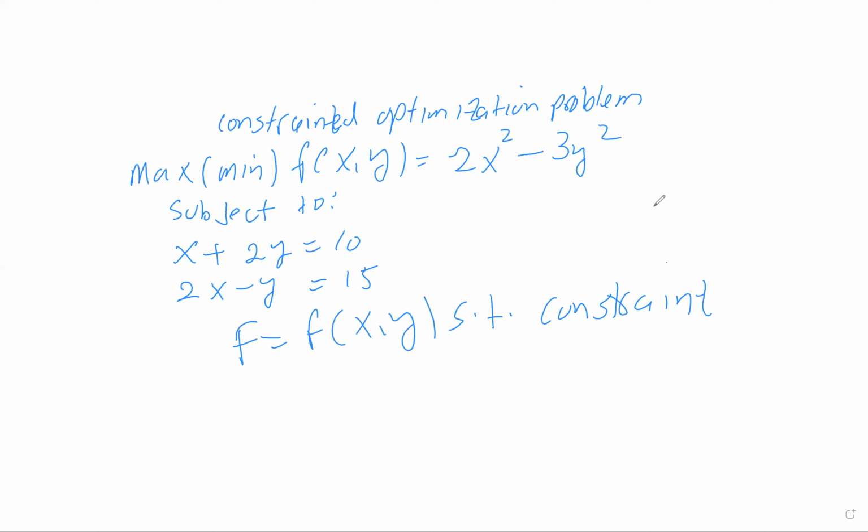The constraint is given by g of x and y, and it could be x, y, z, any number of variables, equal to c, where c is a constant. So how can we exploit this geometric condition to find the extreme value of this function subject to this constraint?